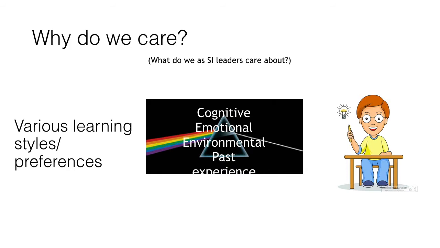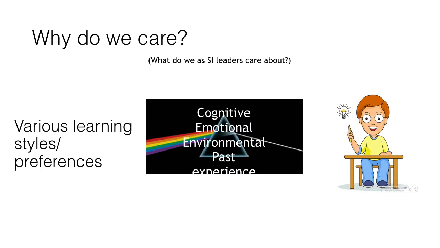Well, what do we as SI leaders care about? We care about learning. We want to create learning opportunities. And so this little sequence of events that I want you all to sort of visualize with me is that there are various learning styles and preferences that's going to be unique to everyone. And so everyone is going to be coming from this spectrum of perception going in.